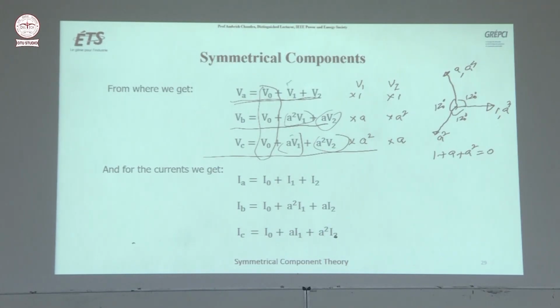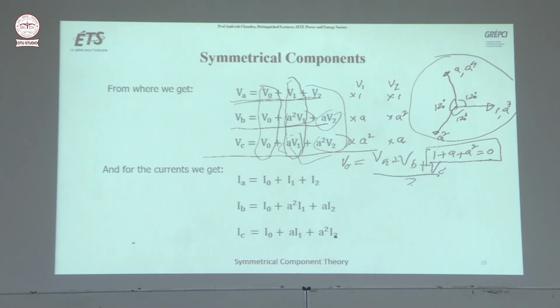So if you see V1 plus A square V1 plus A V1, V1 is common, so it will give you 1 plus A plus A square, which is equal to 0. They are 120 degrees apart, right? Sum of these is 0. So this will all become 0. So V0 will become VA plus VB plus VC divided by 3, because it is 3V0 here.